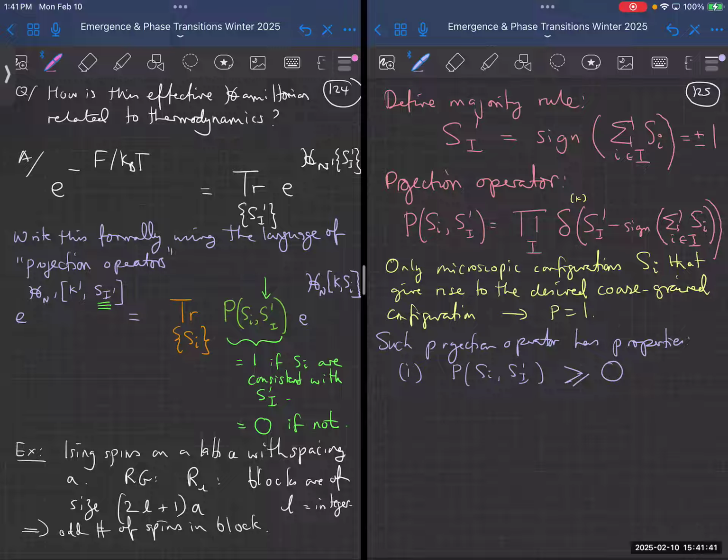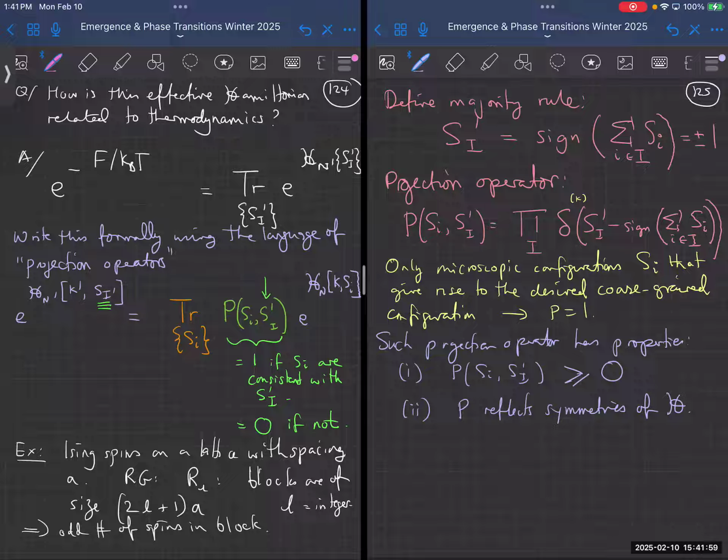The second property is that P reflects the symmetries of the original Hamiltonian.